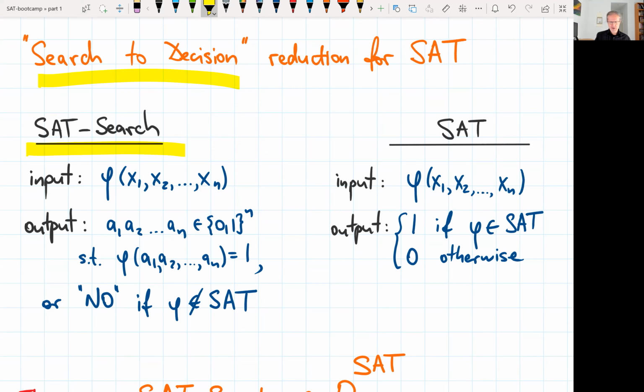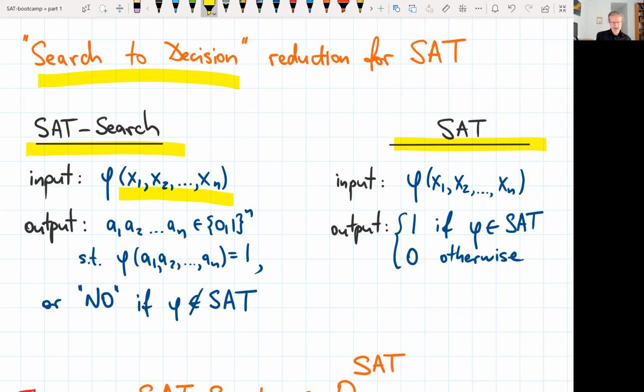You have two problems. On the right-hand side, you have SAT, which you think of as a decision version of SAT. Decision in the sense you just need to decide, given a formula, if it's satisfiable or not satisfiable. So give me one bit of information about the formula. Yes, satisfiable, or no, not satisfiable. A more interesting problem, of course, is to actually get your hands on a particular satisfying assignment for a given formula phi.